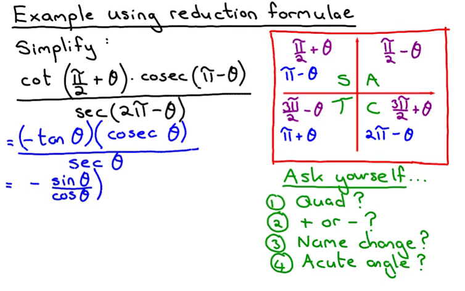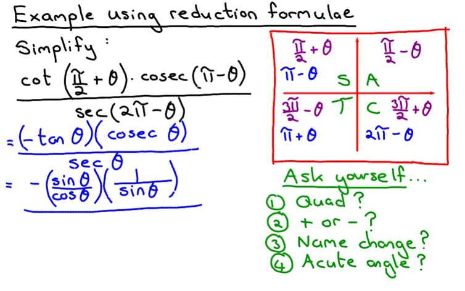I'm going to put it outside in this case. Then I can rewrite cosec theta as 1 over sine theta. And in my denominator, I can rewrite sec theta as 1 over cos theta.